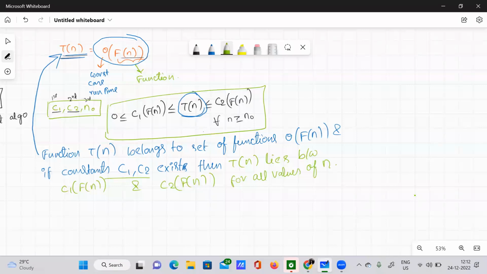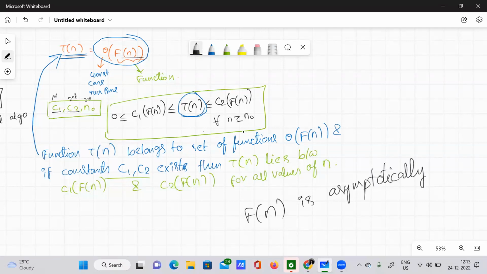See here, this box is our condition. If this condition is true, then we can definitely say that f of n, that is our function, is an asymptotically tight bound for T of n.